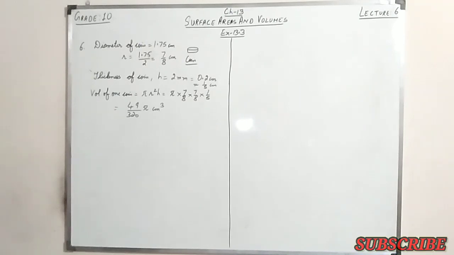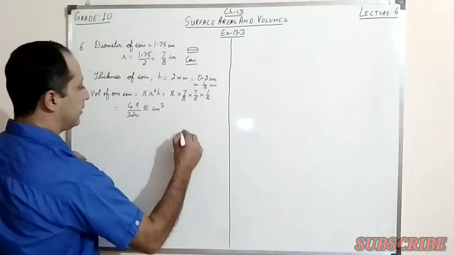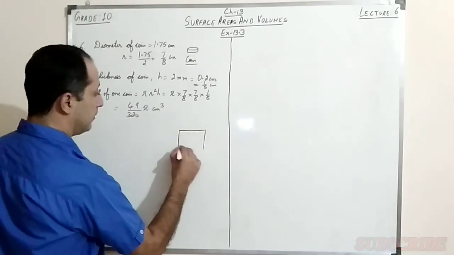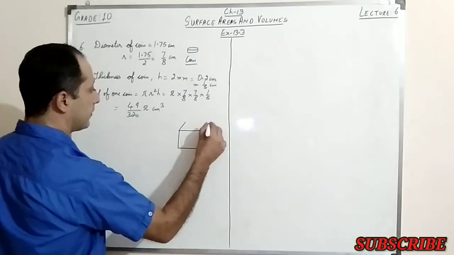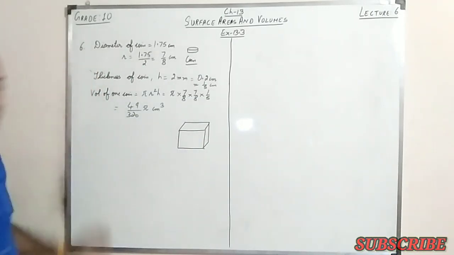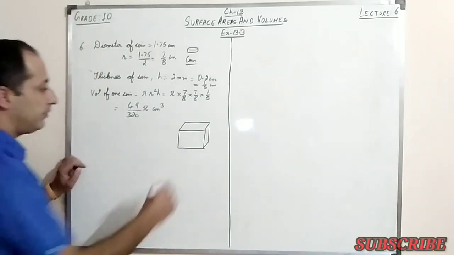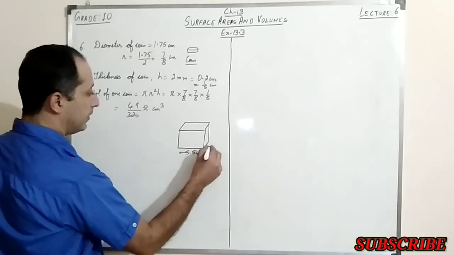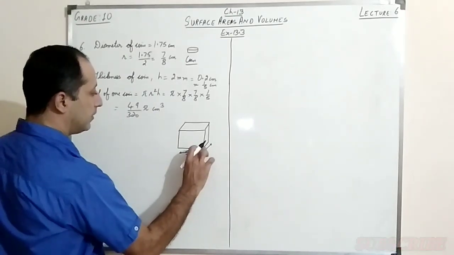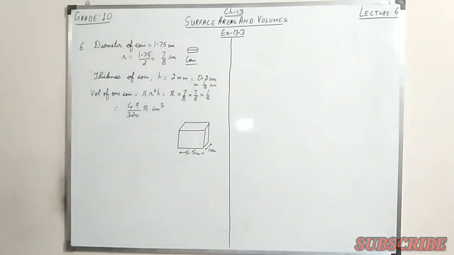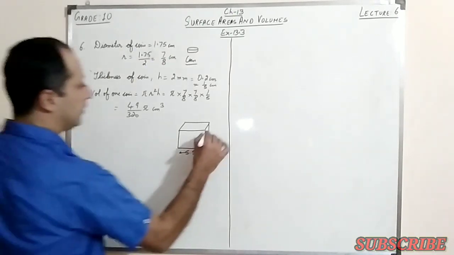Now this coin, there are many coins which are melted to form a cuboid. Now the shape of the cuboid, I'll just make a cuboid now here. Now the dimensions are given as 5.5, then this is given to me as 10 centimeter and the height is given as 3.5 centimeters.